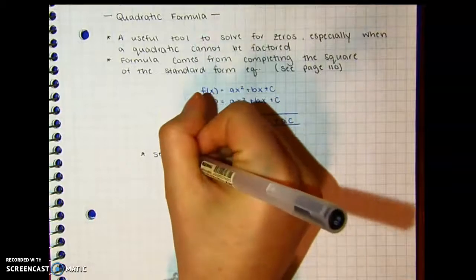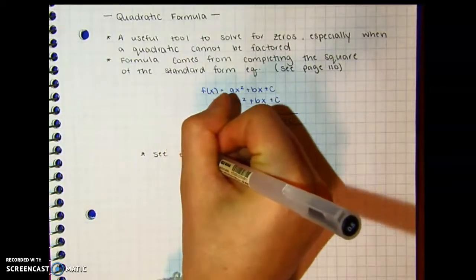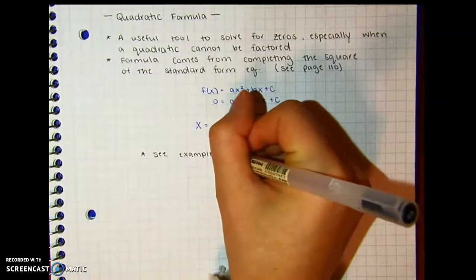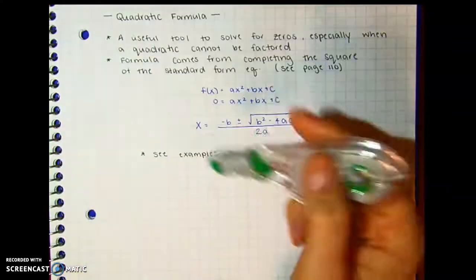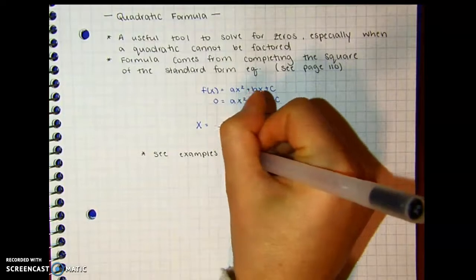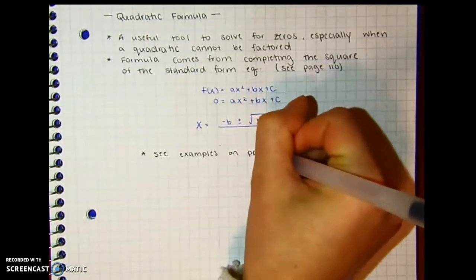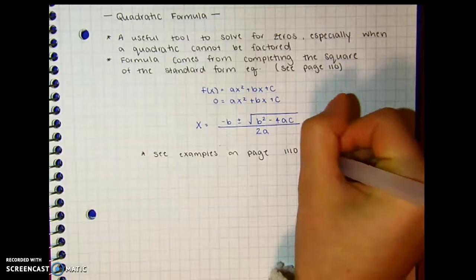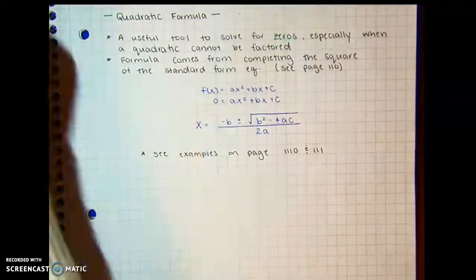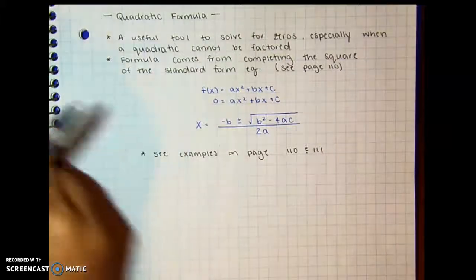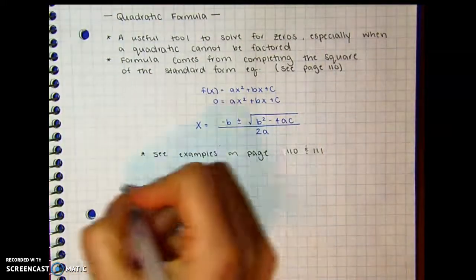So if you want to see examples, look on pages 110 and 111. Okay, there you go. Alright, so let's review the discriminant.